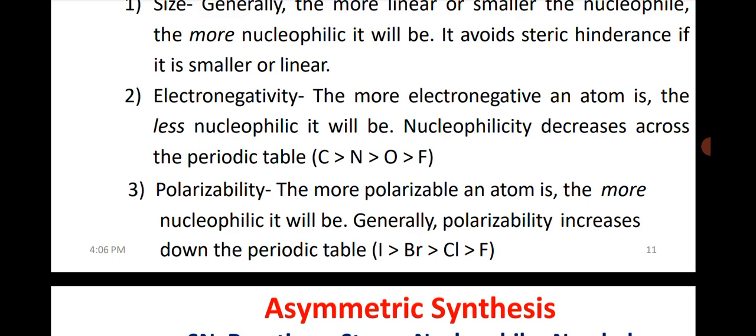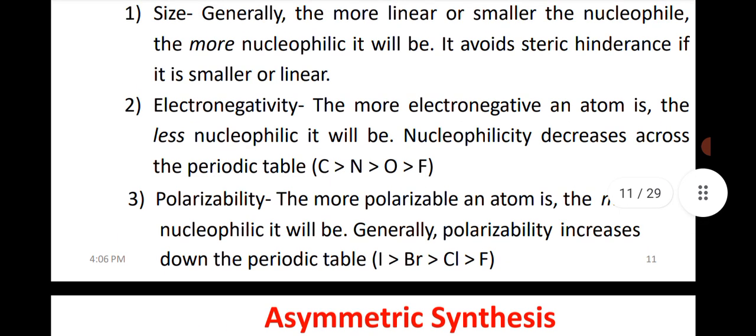Okay, if we talk about the third factor, that is the polarizability. Polarizability means creating the poles to gain stability. The more polarizable an atom is, the more nucleophilic it will be. The best and the most efficient example is iodine. Iodine is a good leaving group as well as a good nucleophile because of its polarity.